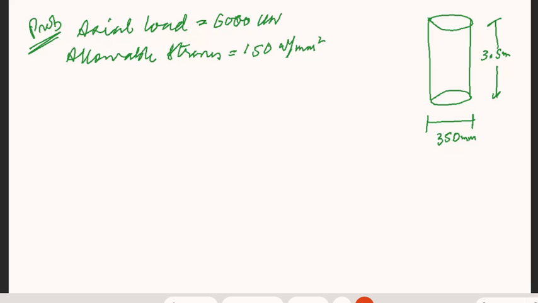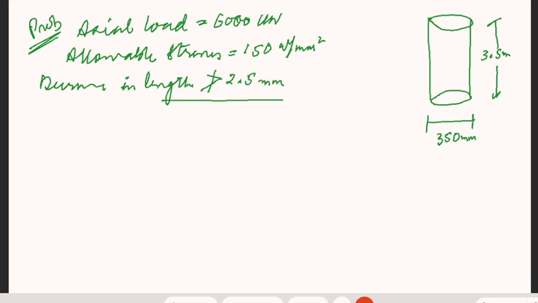Okay, and it has been seen that on application of these loads, there is decrease in length of the column. And the decrease in length of the column should also not exceed 2.5 mm.